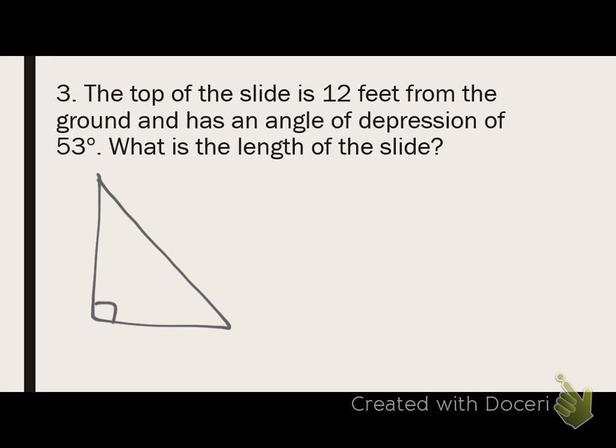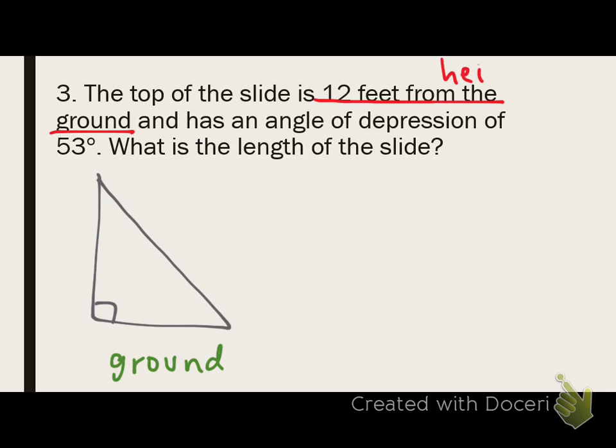So let's start talking about what we got. We got a slide. That's all we know. What do all slides sit on? The ground. So we know we got a ground. The ground is always going to be horizontal. It says the top of the slide is 12 feet from the ground. So which of these sides is it going to represent?